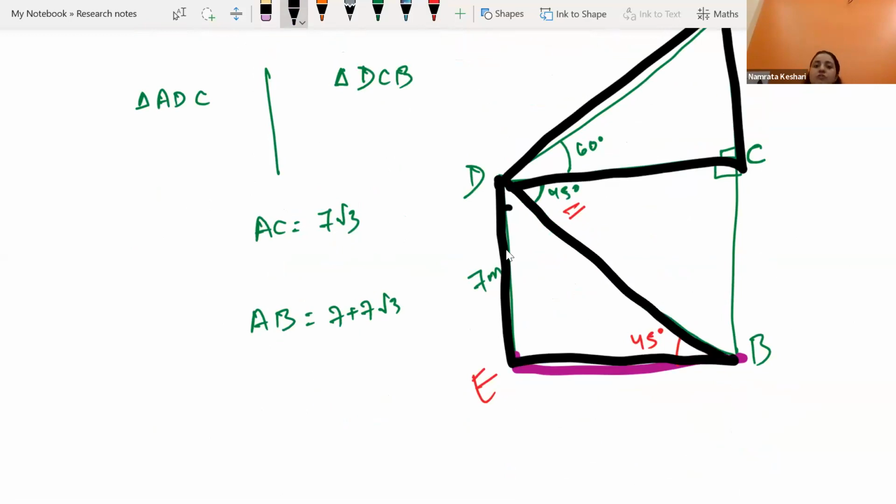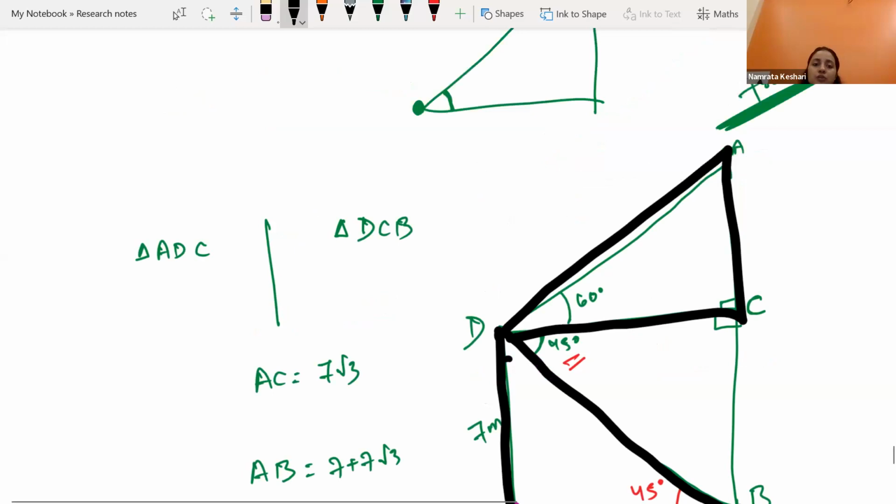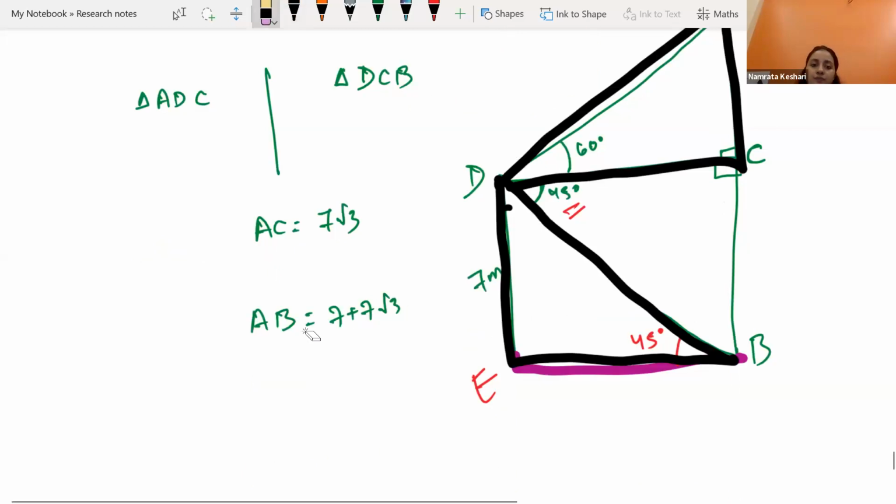Because if the question is tricky, then maybe this triangle can create confusion. So from the very beginning, we will make it a habit to just take the angle of depression like this and then continue. So we'll be taking these two triangles now.